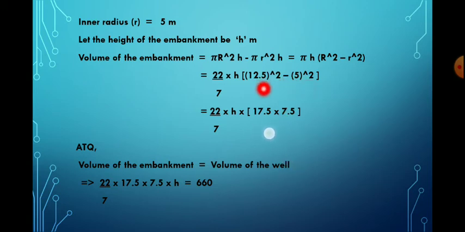So we have taken this as a plus b into a minus b, since a square minus b square was given. So we have applied the formula a plus b, a minus b, and we have written it in the multiplication form. So according to the question, volume of the embankment is equal to volume of the well, that is 22 by 7 into 17.5 into 7.5 into h is equal to 660.